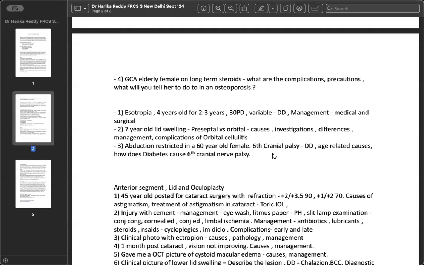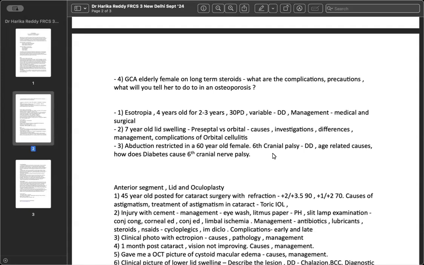Then again, investigations: for any investigations, you go with the CBC, CBG, U&E, chest X-ray, ECG, and all that. Okay, so we've gone over the differences. The management is again, you give antibiotics: for preseptal you can give oral, but for orbital you have to give IV. Then you give anti-inflammatory.